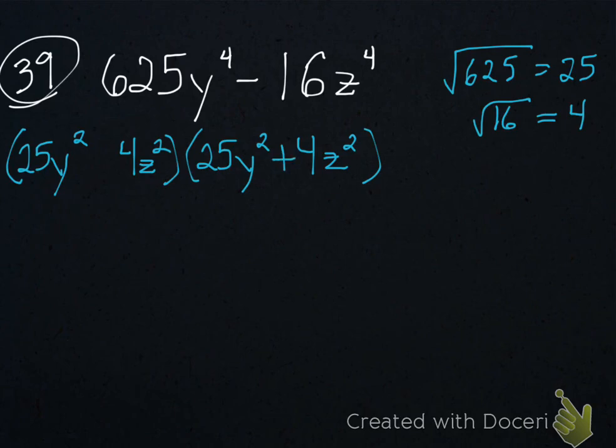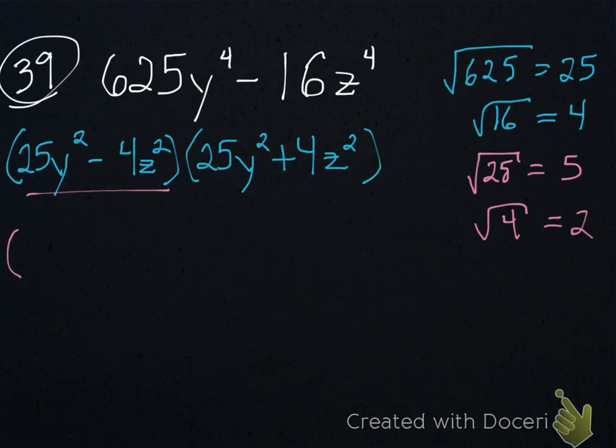Now one sign's positive, one sign is negative. Next step, I have another perfect square that I have to split up. The square root of 25 is 5, and the square root of 4 is 2. So I have 5y minus 2z and 5y plus 2z.